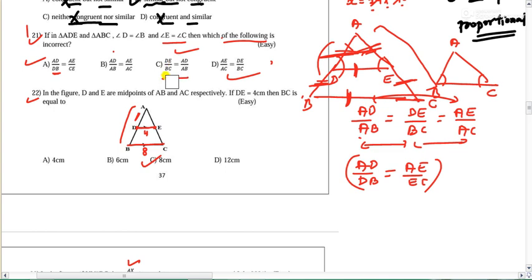DE by BC, and AD by AB, AE, AC, DE, BC, okay. Yes, which option do you find incorrect? B. What is the reason? We are getting all of them equal itself.